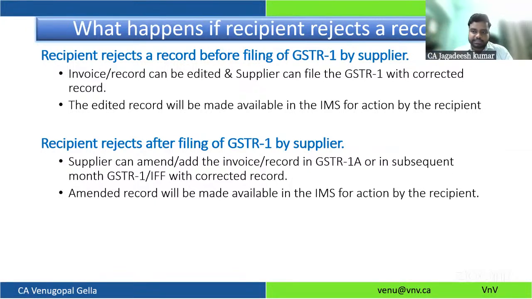So in the subsequent month, he can upload a correct document, or else he can amend it by way of GSTR 1A if he wants to amend it in the same period, or he can amend it in GSTR 1 of the subsequent period. So he can take the action, and the recipient takes the action on the amended record.